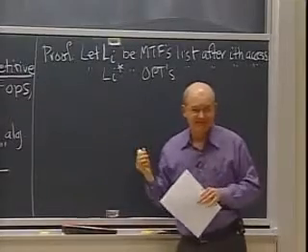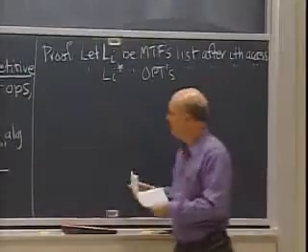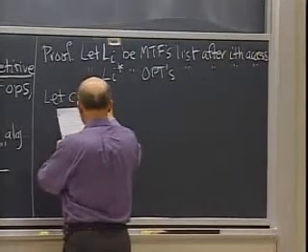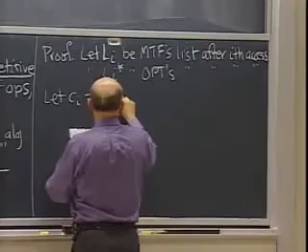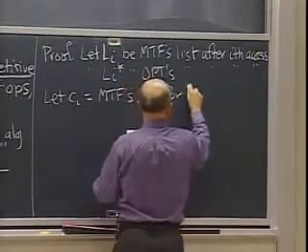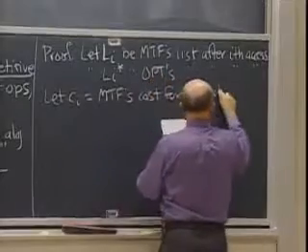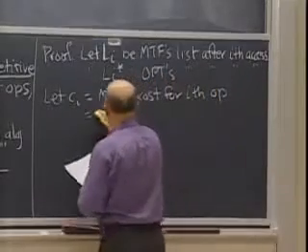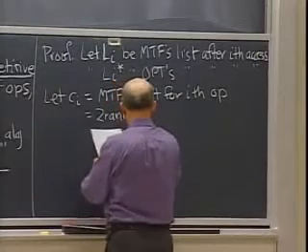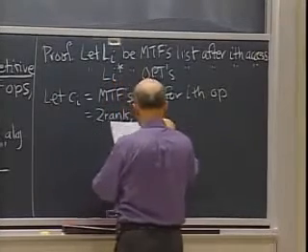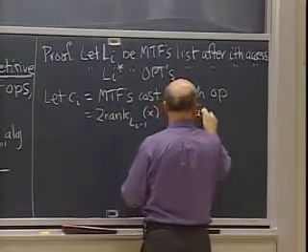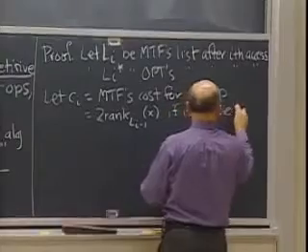We don't know. So we're going to let C sub i be MTF's cost for the ith operation. And that's just twice the rank in L sub i minus 1 of x, if the operation accesses x.